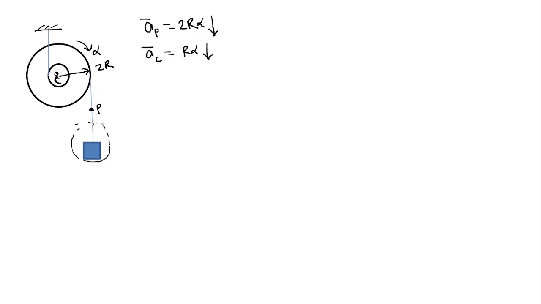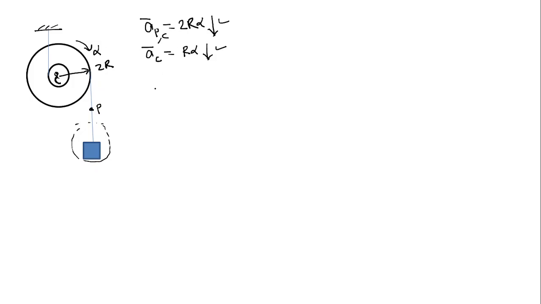Now, if you just imagine, you can very easily visualize it as actually, a_PC is the acceleration of P with respect to C. Because if you hold it and let it roll down, then the acceleration of P with respect to C is 2r alpha, and the acceleration of center of mass C itself is r alpha. So P with respect to C has this value and the acceleration of the center has this value.